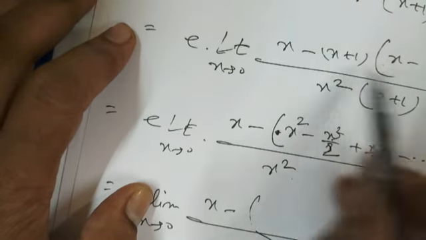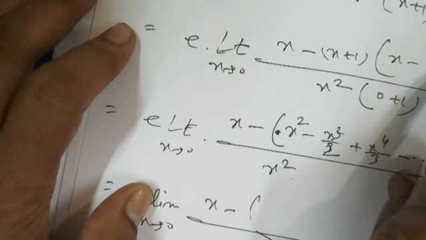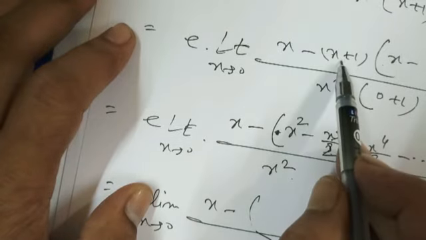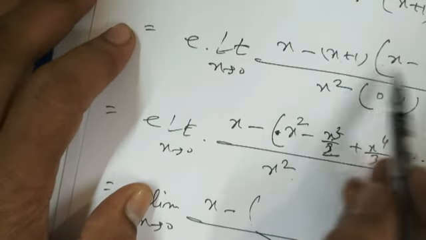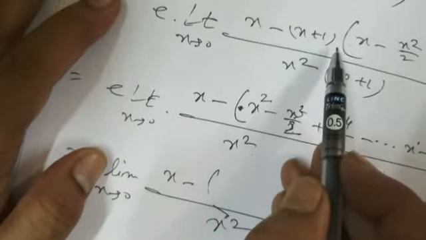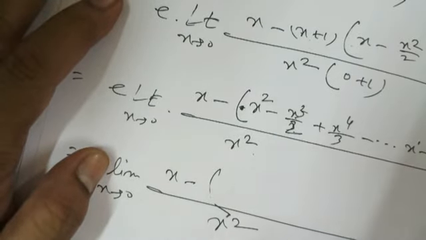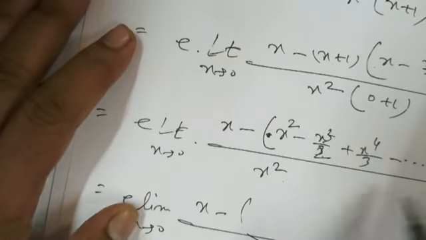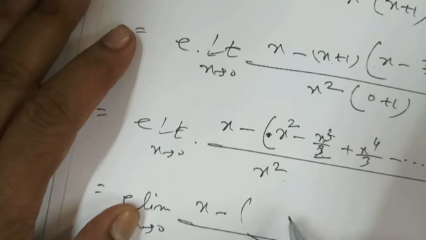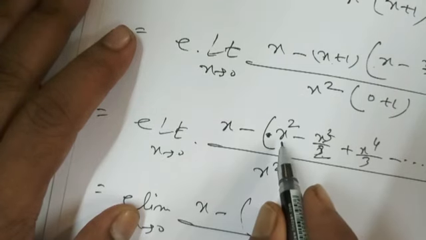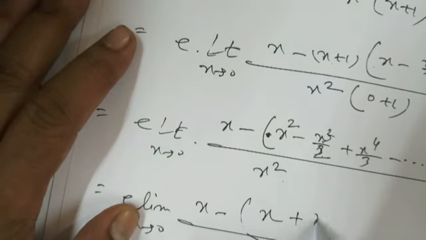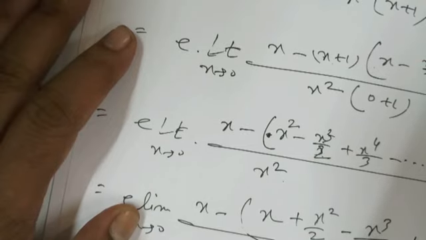When x is multiplied by this, then this is x square, x cube by 2 and x to the power 4 by 3, and when 1 is multiplied here, then x minus x square by 2 plus x cube by 3 in this way. So here x plus x and x square, and here minus x square by 2 plus x square by 2, okay, and x cube plus x cube by 3, and this is minus x cube by 6 and plus, in this way.